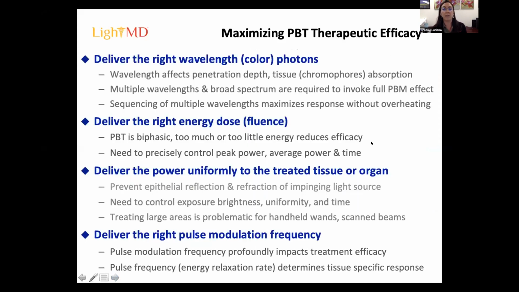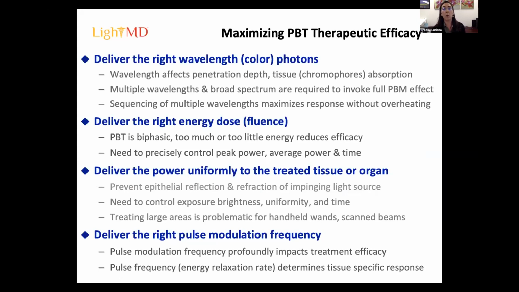Photobiomodulation for maximizing the efficacy of the therapy. It's all about delivering the right wavelength at the right energy with the right power and the right pulse. With this device specifically, it doesn't use just one or two wavelengths. We use hundreds of wavelengths.